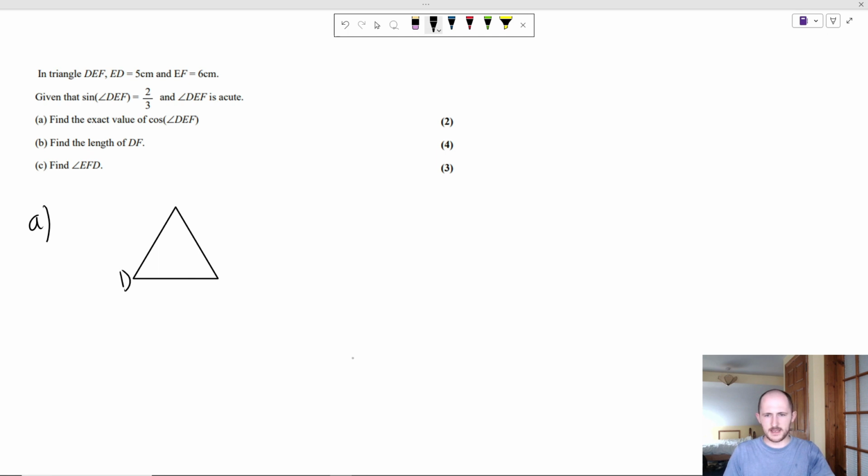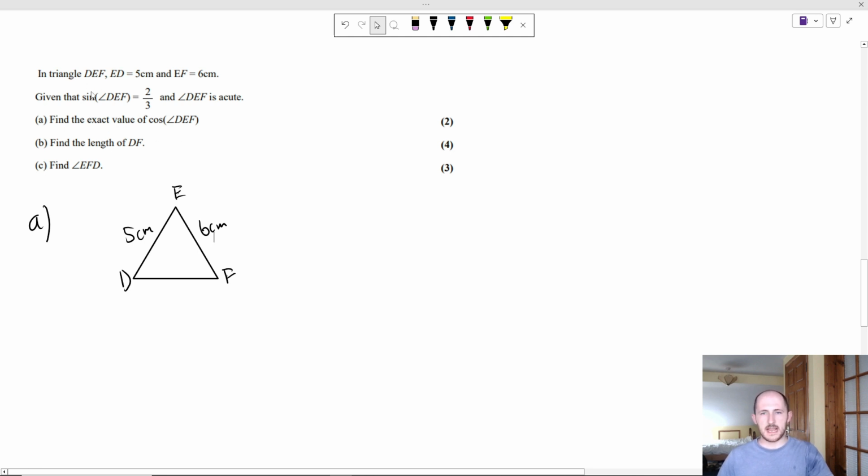We're going to label it D, E, and F. And we have ED is 5 centimeters and EF is 6 centimeters. And it says the angle DEF, well, sine of that angle is 2/3. So it says find the exact value of cos DEF.